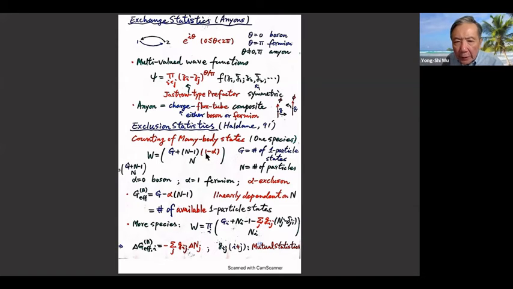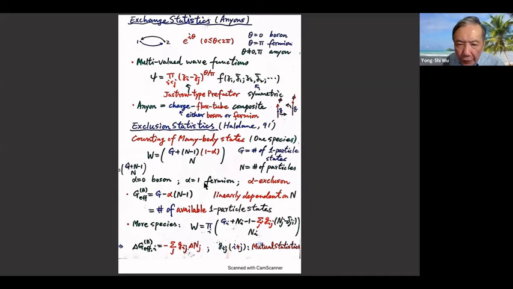Namely, we can parameterize the second term by a real number alpha, and we call it 1 minus alpha.